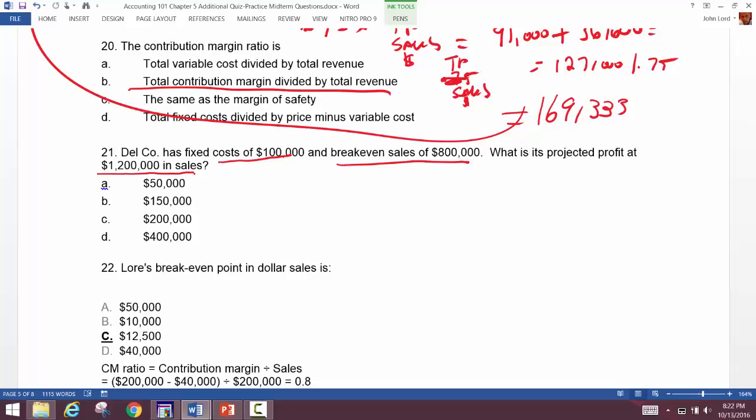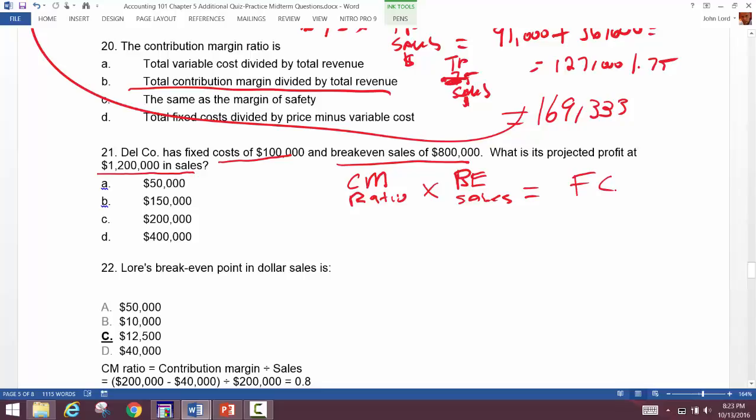Well, you're going to set every problem up the same, aren't you? So you're going to say, okay, well, I'm not going to panic. I know the contribution margin ratio times my what? Break-even sales equals my fixed cost, doesn't it?